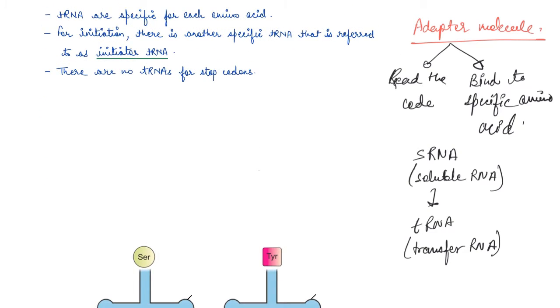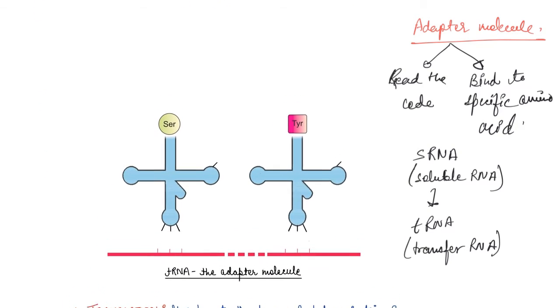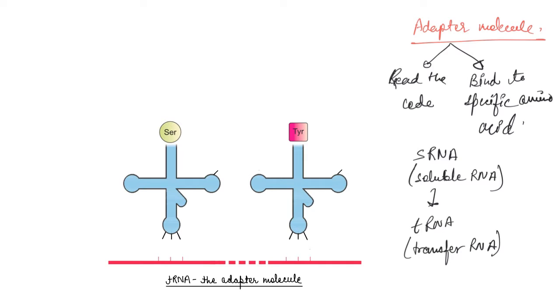Now, how exactly does it happen? How do we say that tRNA is the adapter molecule? This is the structure of a tRNA, right? This is tRNA. This as well is another transfer RNA. So this entire structure that you see, guys, is a transfer RNA molecule, right?